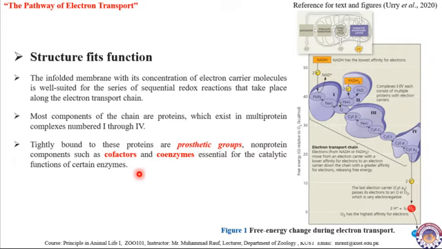Whereas on the other hand, the cofactors do not bind the enzyme. Cofactors are helper molecules and can be inorganic or organic in nature. So basically these are the two groups of molecules for the proper functioning of proteins.